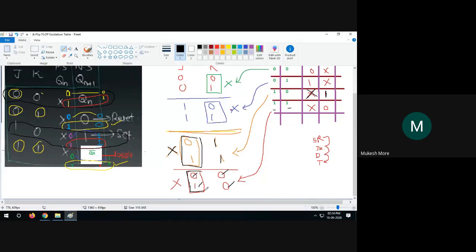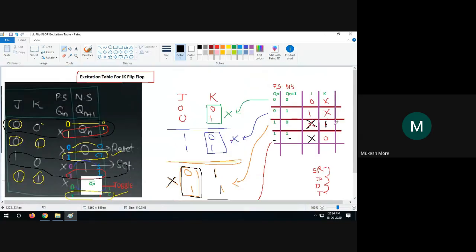J having don't care and K having the same value, that is 0. Now we can see J equal to don't care and K equal to 0. Okay.